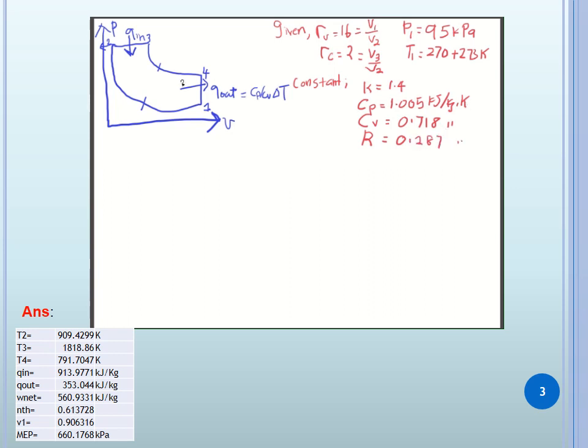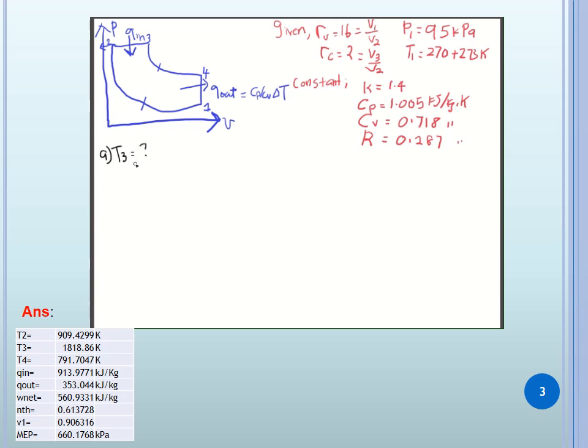Okay, now let's try to solve this example. In this example, they want you to find the temperature at 3, after the heat addition process.